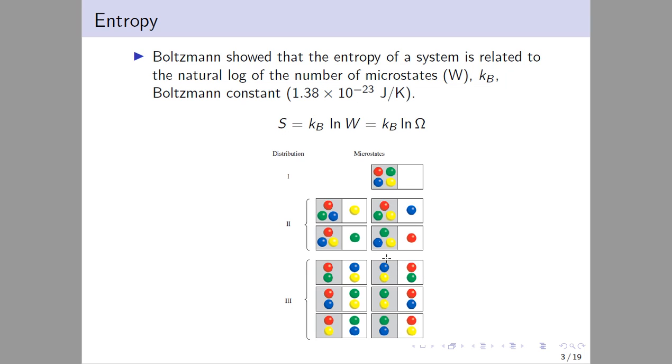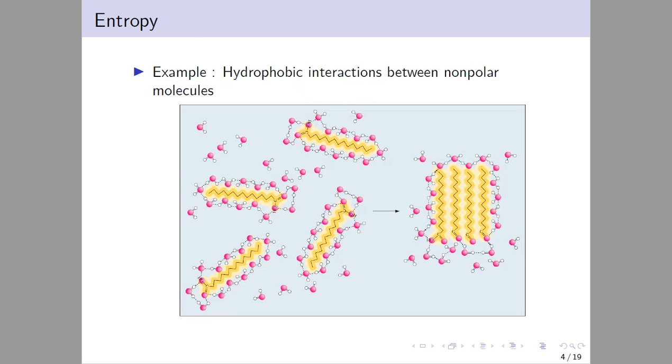This molecule can move to the other compartment one by one, so this is one microstate, and this is also one microstate. You can see red, blue, green, yellow, green, yellow, red, blue, and so on. So we can count how many microstates we can have, and then find the entropy for this system. These are the examples.